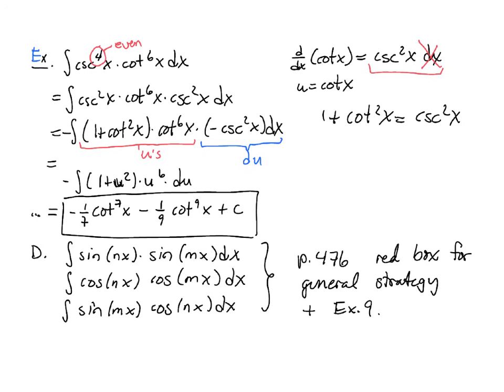Instead of showing you an example like that, which you can read in the book, I want to show you an example of one of the problems that they don't give you a nice example of in the book. So let's look at an example like this: cosine squared x times sine 2x dx.